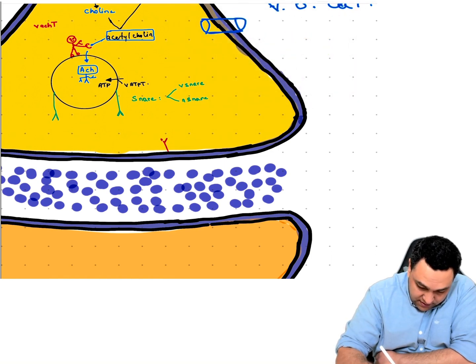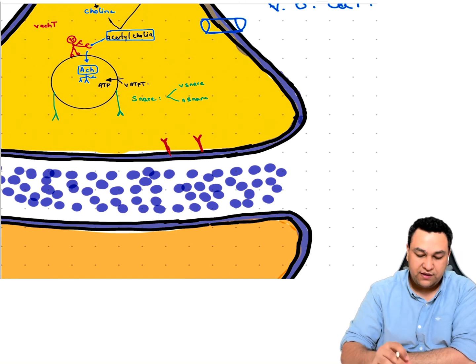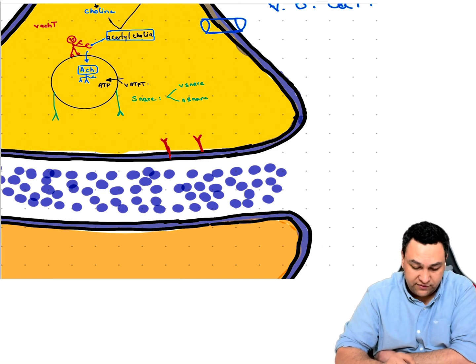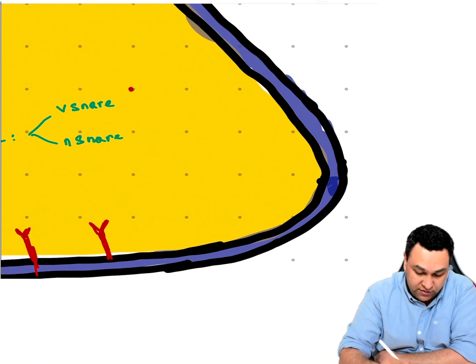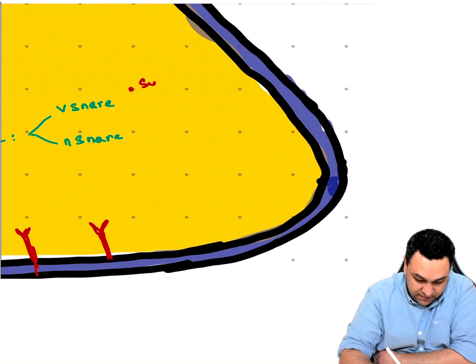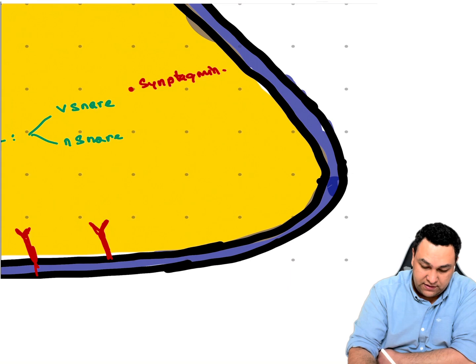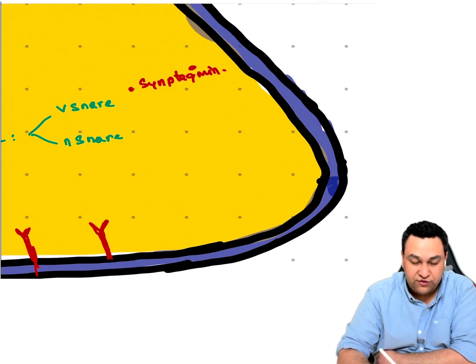Here it is. These are snare proteins for neurons. Now, of course, they're different from vesicular snare proteins. Example, snare proteins. We have synaptogmeins, and also there are some such as synaptobrevins.